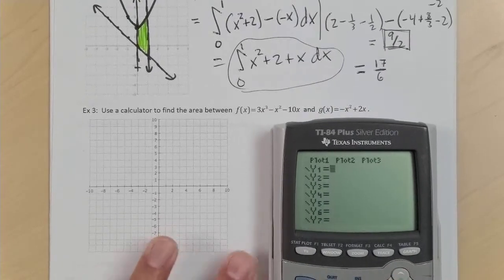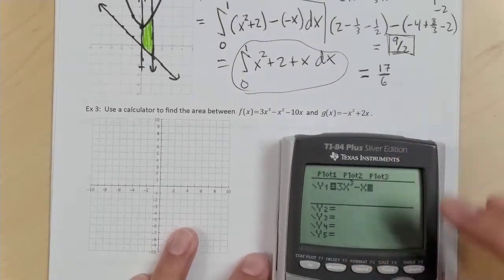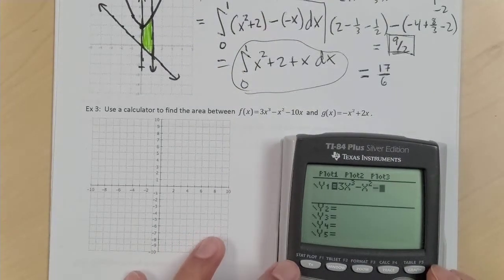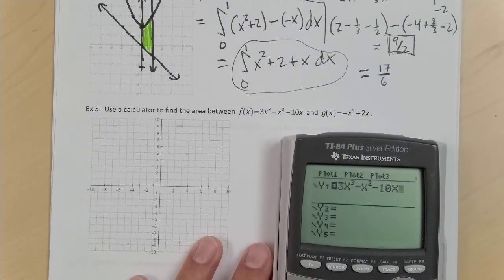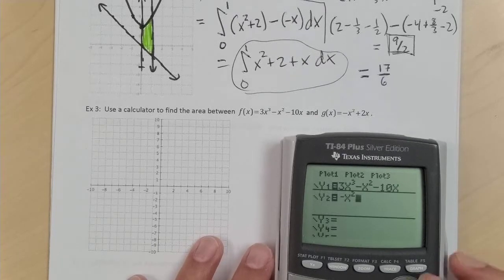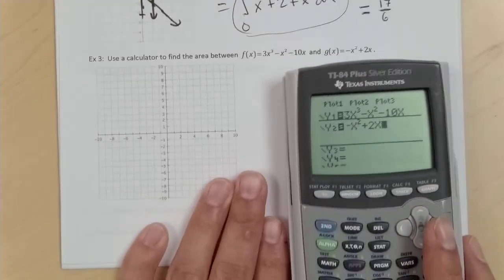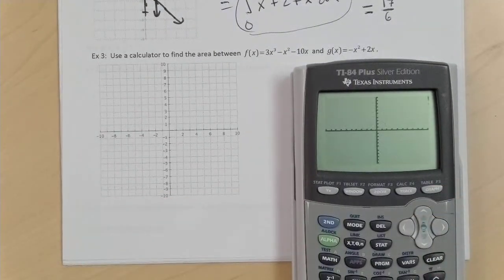So we got f of x is 3x cubed minus x squared minus 10x. And then we got negative x squared plus 2x. So these are the two graphs that we're looking at. We're looking to find the area between those two.